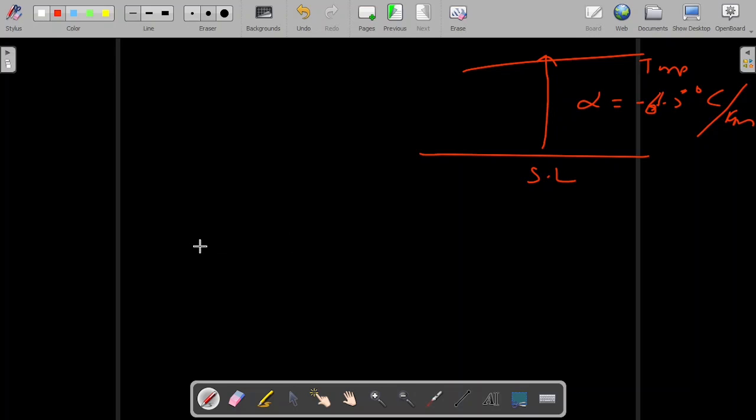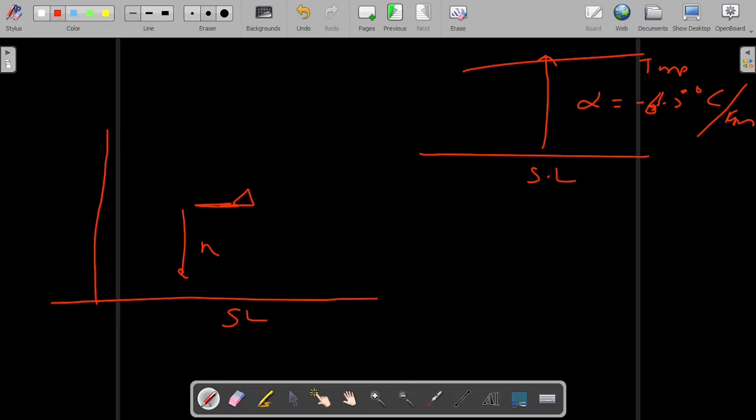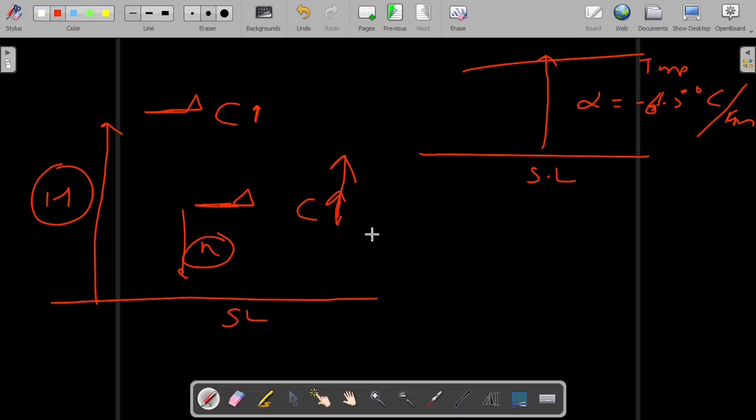So this gives an inference that if the aircraft, let's say this is sea level, is flying at a particular height, if the height is increased to capital H, the speed of sound here is less as compared to this. So I'll write it with a bigger arrow and this a smaller arrow. So the speed of sound, I'll denote like this, C1 and C2.